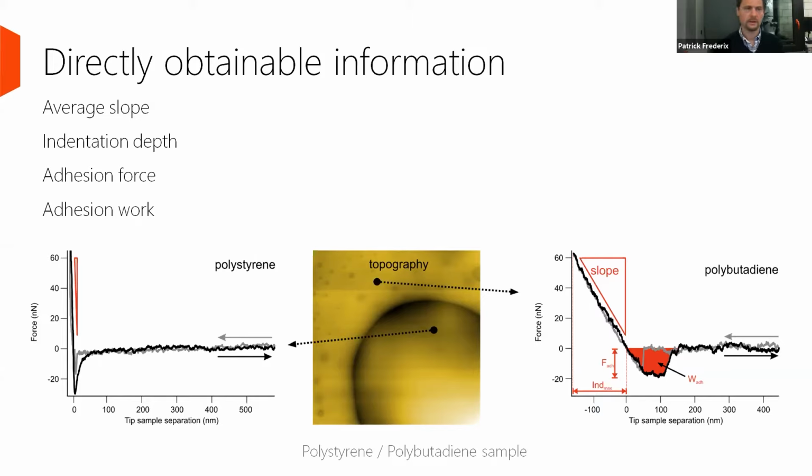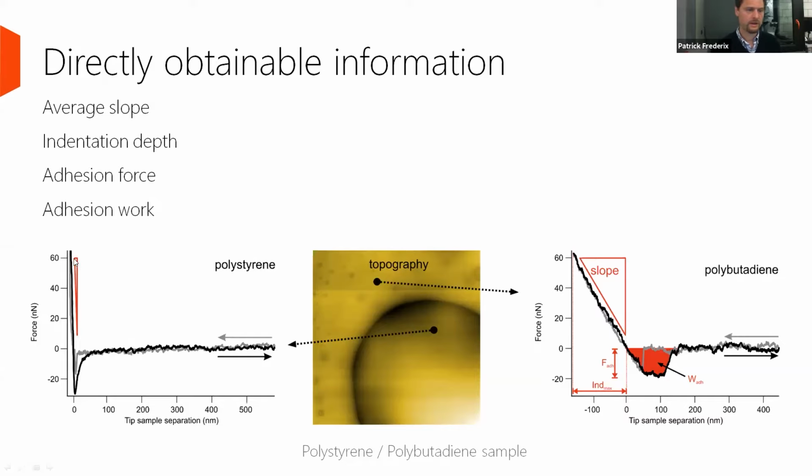And that is information you immediately get out of a force curve without even having analyzed it largely. So what you see is that the polystyrene has a much steeper slope than the polybutadiene. The polybutadiene is softer than the polystyrene. So the slope immediately gives an indication of the hardness or the stiffness of a sample.